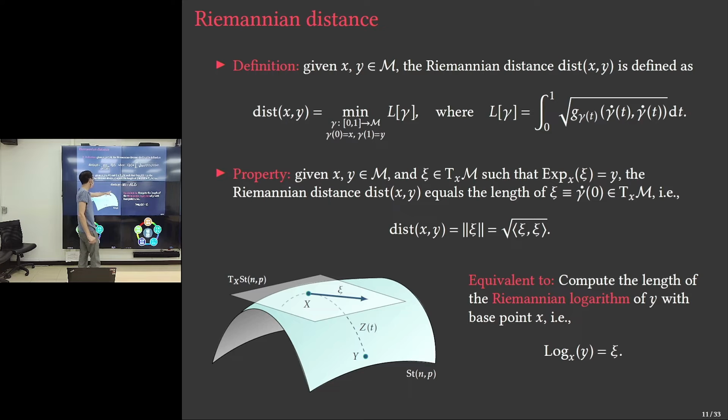We can compute the distance between two points as the norm of the tangent vector with some metric, with some inner product that we choose. We have seen that this is equivalent to computing the length of the Riemannian logarithm of y with base point x, because the Riemannian logarithm will give the tangent vector psi. But this is just a recap. It's not what we need in the type of problems treated in this paper.